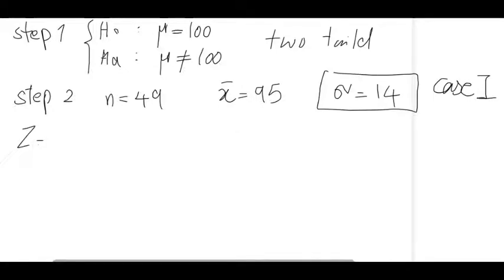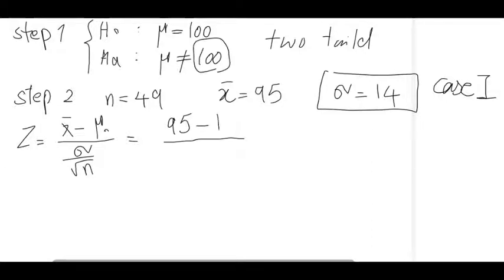So Z is equal to x bar minus mu 0 divided by sigma divided by the square root of n. So x bar is 95, mu 0 is 100, sigma is 14, n is 49. So the result is minus 2.5.